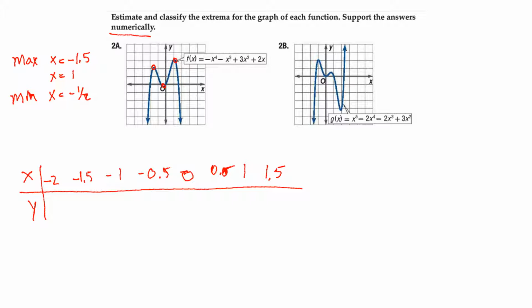Now notice I have included the values I thought were important. I have also included a number on either side of them. Now I need to fill out what this graph is going to be at each of these values.